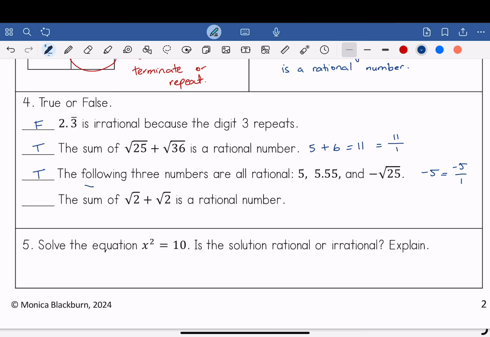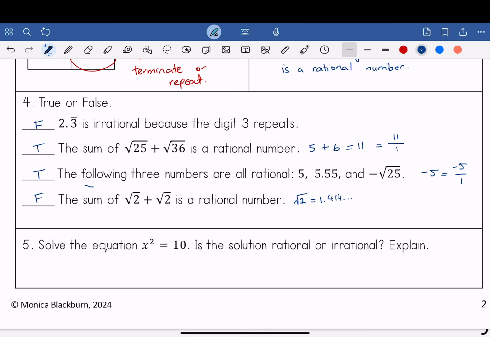Finally, the last one here, the sum of the square root of 2 plus the square root of 2 is a rational number. The answer is false. Each of these numbers will give you 1.414 with a continuation. And if we add a number that continues plus another number that continues, we'll always give you a sum of a number that never ends.